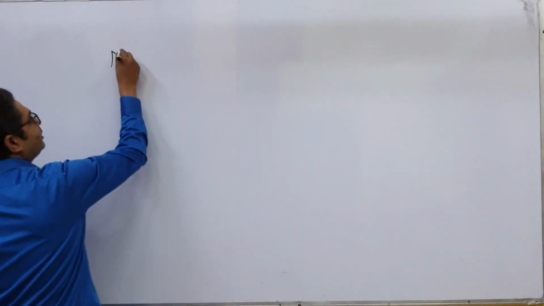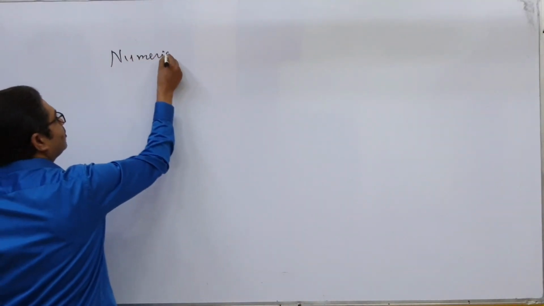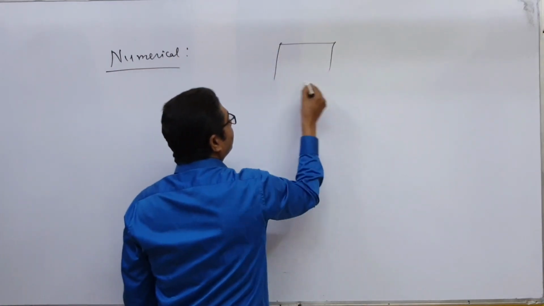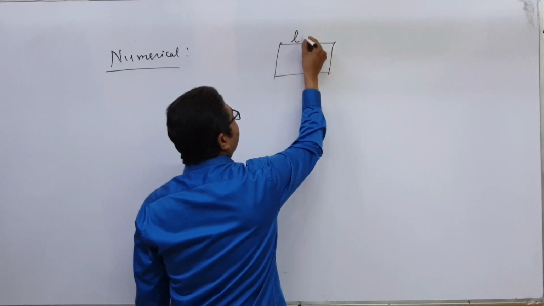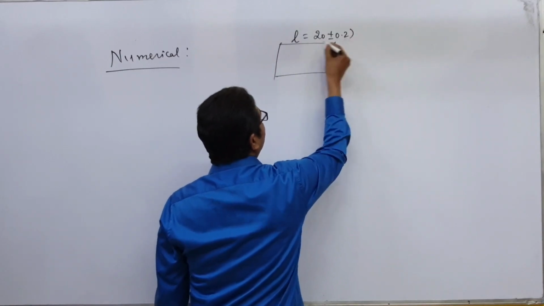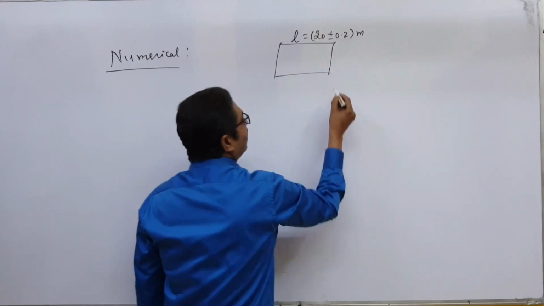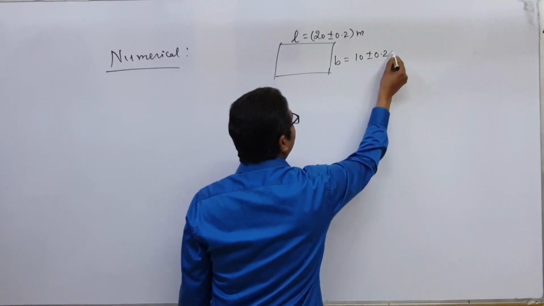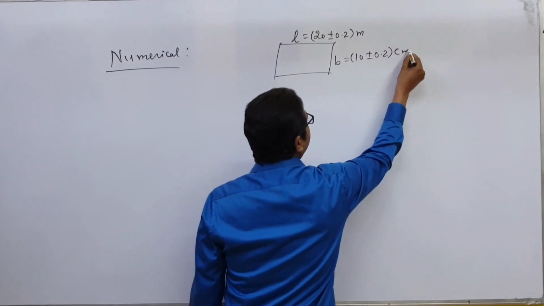So here the numerical is, suppose you have a rectangle and the length of the rectangle is 20 plus minus 0.2 centimeter and the breadth of the rectangle is 10 plus minus 0.2 centimeter.